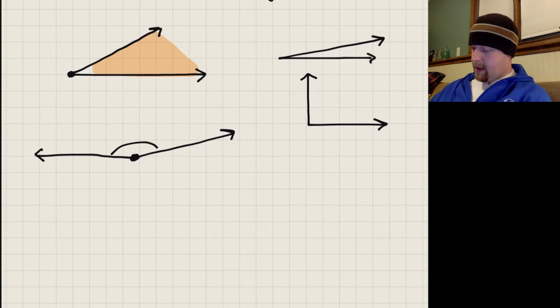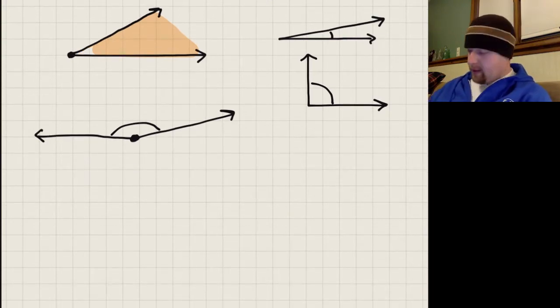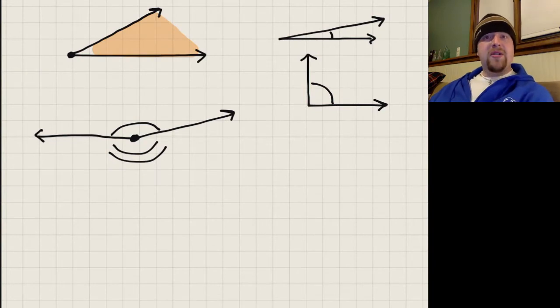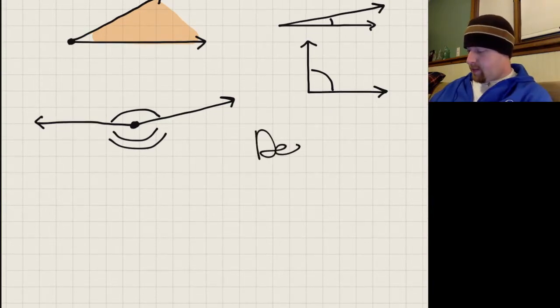We often like to put arcs inside the area between the rays to indicate the angle we're talking about. But on this bigger one, this is also an angle. So an angle is the space between two rays, and we can measure those angles in what we call degrees.